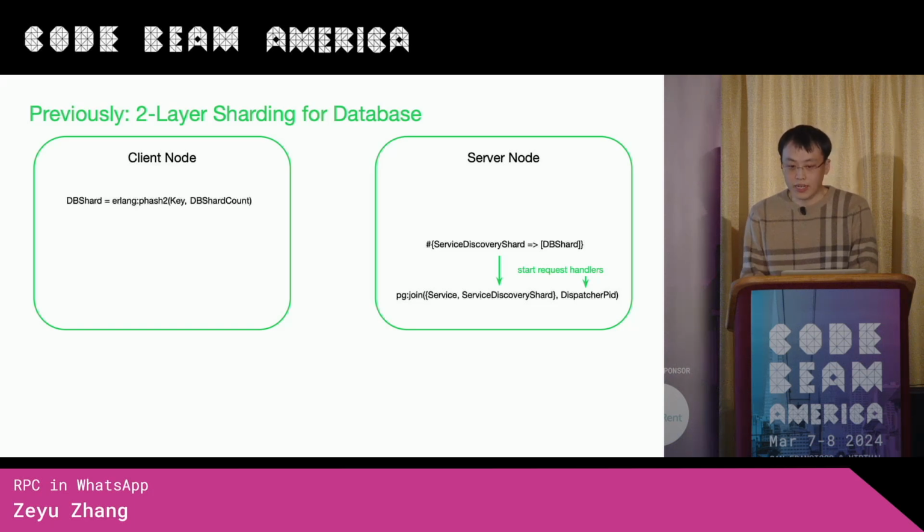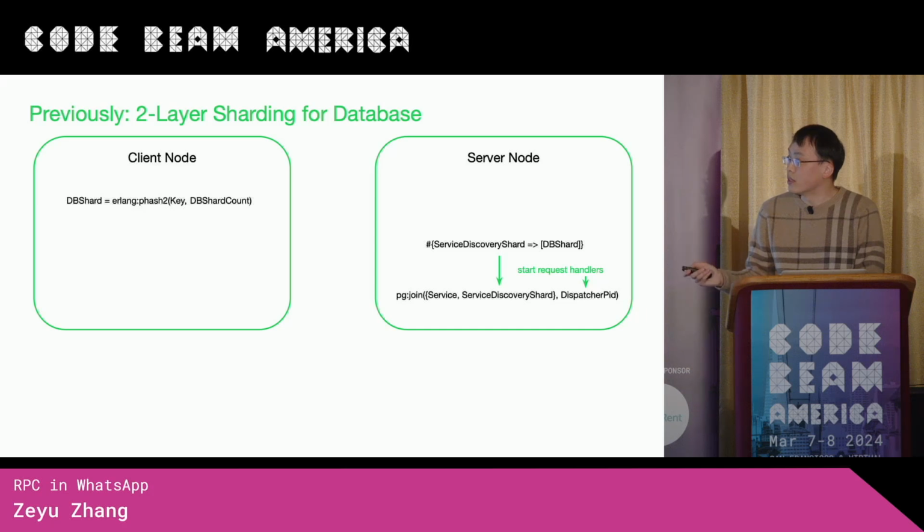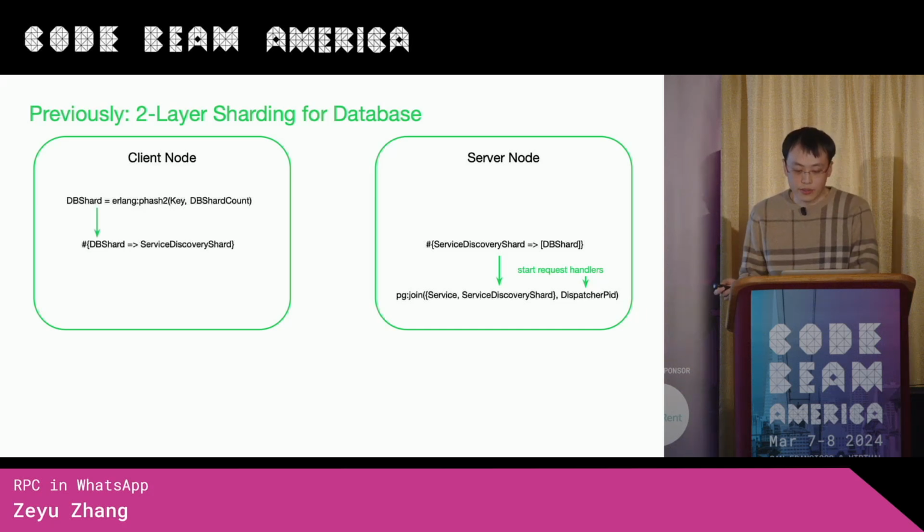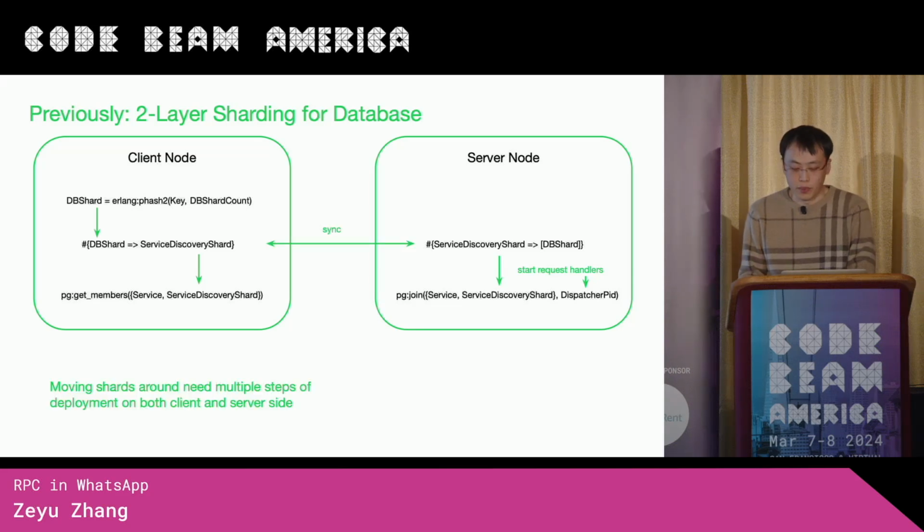And from the client side, it hashes the key to get the database shard ID, and then finds the actual service discovery shard in this map. And finally, it can find the actual dispatcher through the PG get members call.